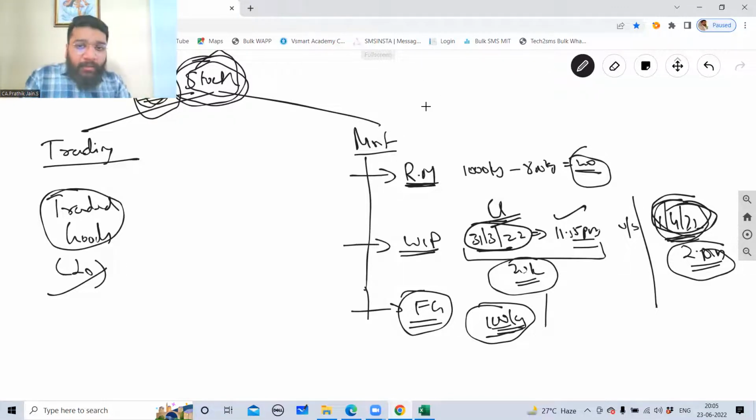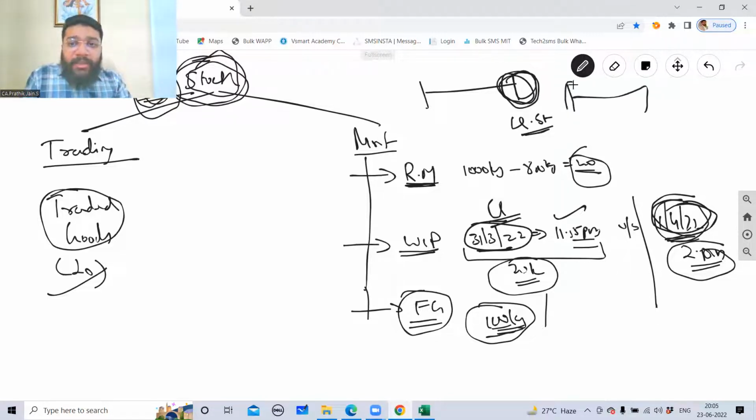In the financial year, the stock that is remaining at the end is called closing stock. And in the next financial year, this closing stock is carried forward the next day. So the next day is the next year's beginning, so it is called opening stock. So the closing stock of the previous year becomes the opening stock of the next year.